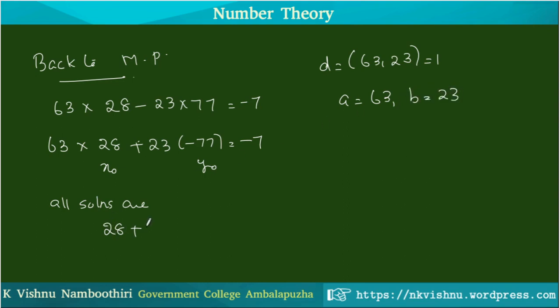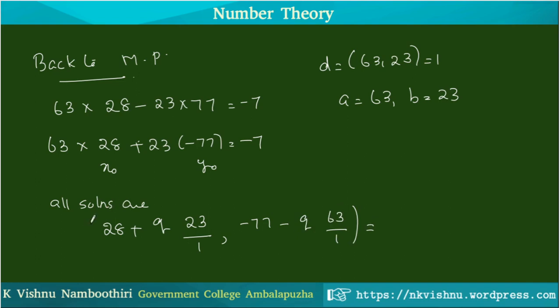So this is x naught plus q into b by d. b is nothing but 23 by d, that is 1, and y naught minus q into a by d. a is nothing but 63 by 1.